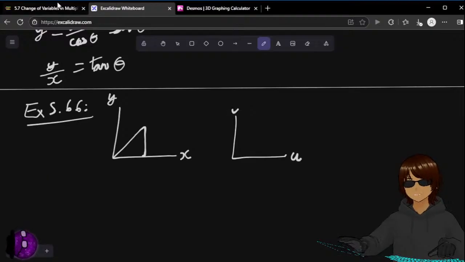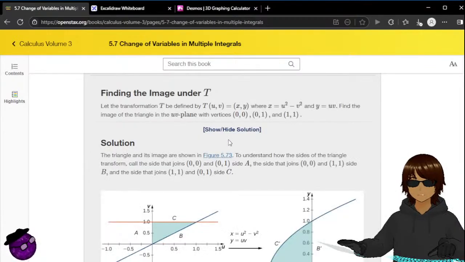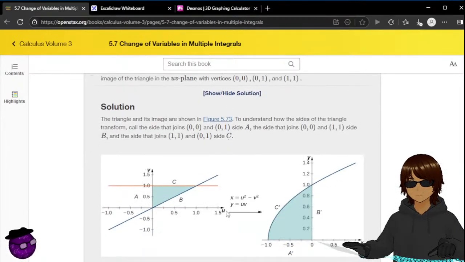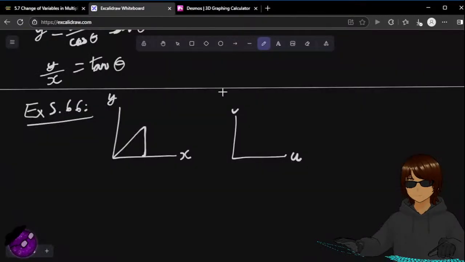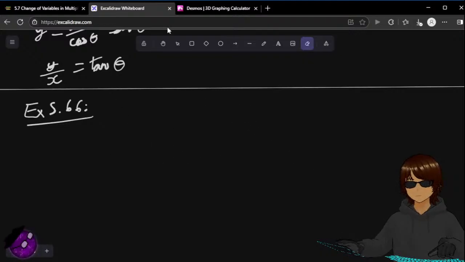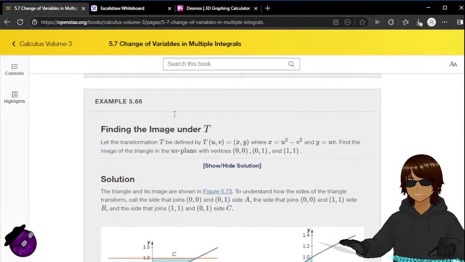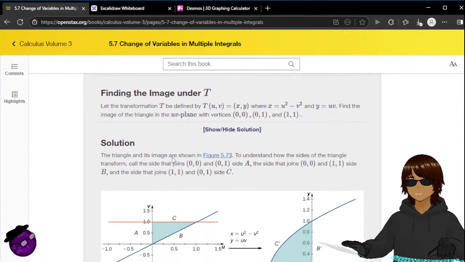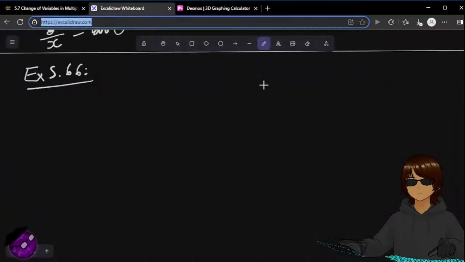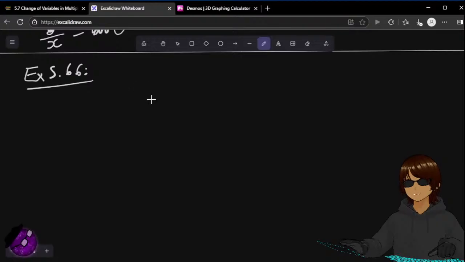U and V. Just to be sure, okay, I was wrong. The triangle is defined in the UV plane. Okay, I can't tell whether this is saying image of the triangle in the UV plane or the triangle in the UV plane, and we're finding the image of it. I can't tell whether the image is in the UV plane or whether only the triangle is in the UV plane. But that was my mistake.